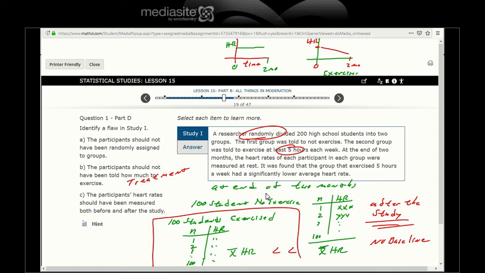Or because you already got a very physically fit group to begin with, again, no major changes occurred. So it's nice to know what's happening within the population itself, your sample population. So a baseline is important to have. So that was the flaw, the defect. Didn't have a baseline.